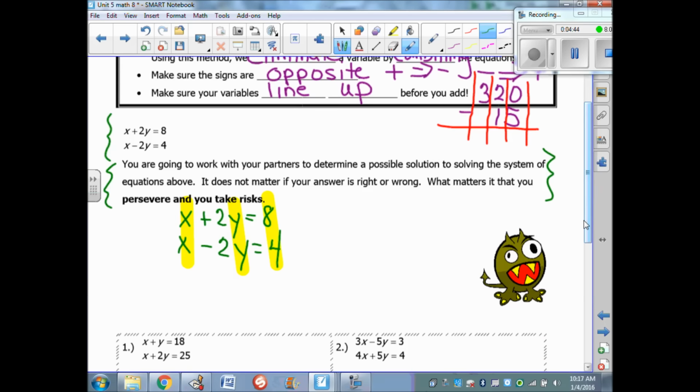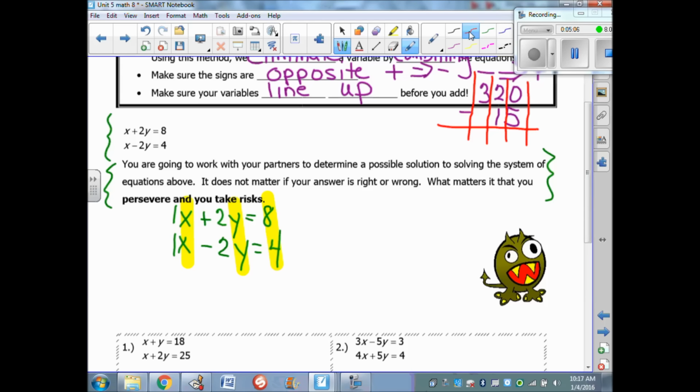There's a lot there. So I look at my x's. I have a 1x and a 1x. And then I have a 2y and a minus 2y. And I have an 8 and a 4. But I want to eliminate either the x's or the y's. Are there any opposite signs?